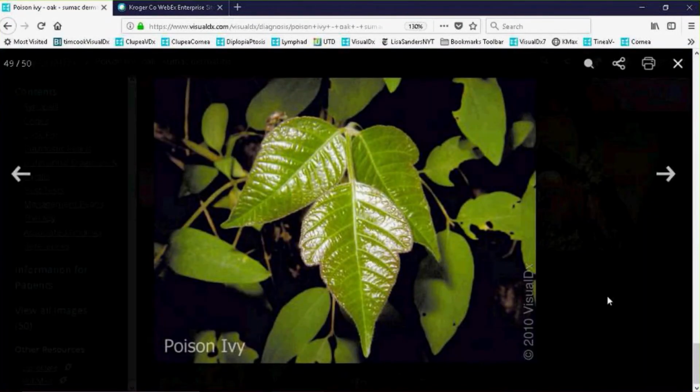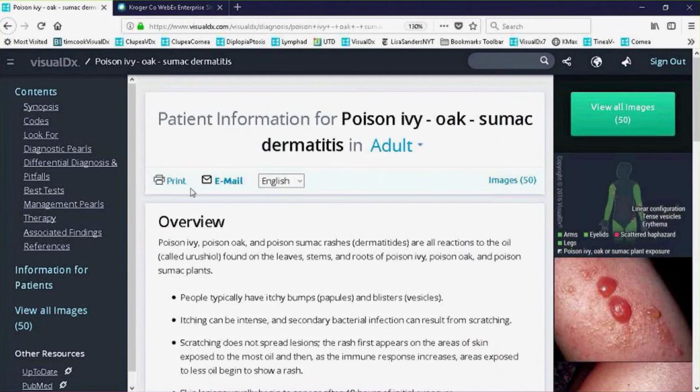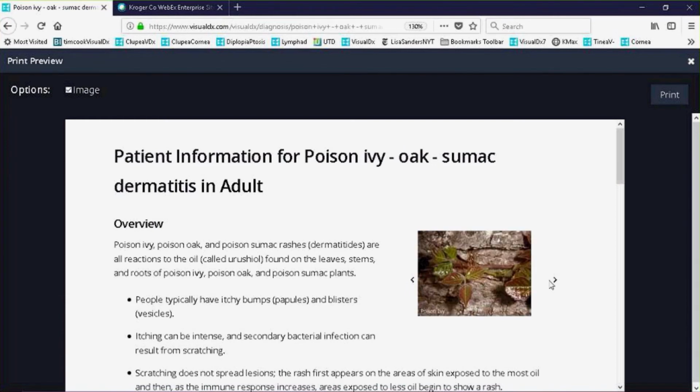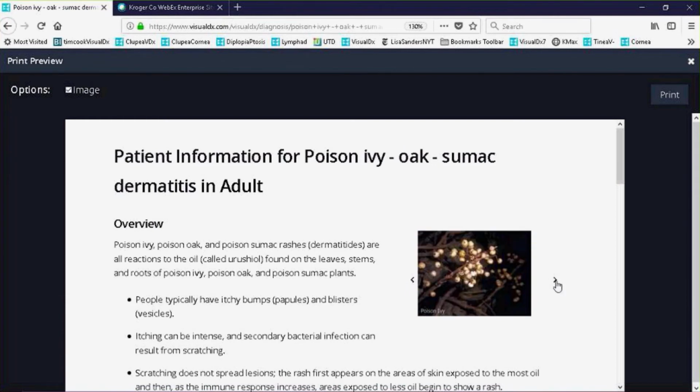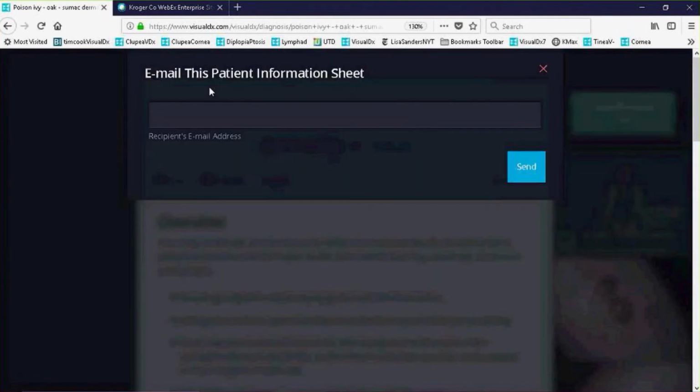Enlarged the image, swiveled the monitor to the patient, and then went over to the information for patients, and then you can either print or email that to the patient. So when I hit print, the last image that I looked at came up in the handout. I can change that image if I want to a different image, including an image of the rash. So you can print that, or you can turn to the patient and say, what's your email address, and email that handout to the patient.